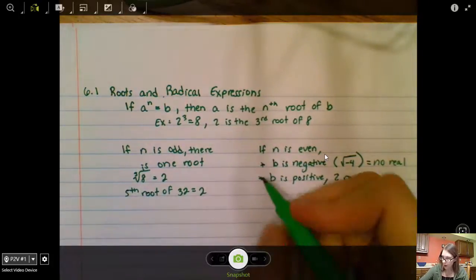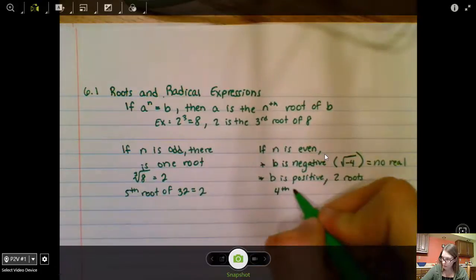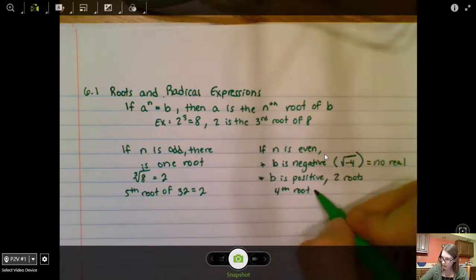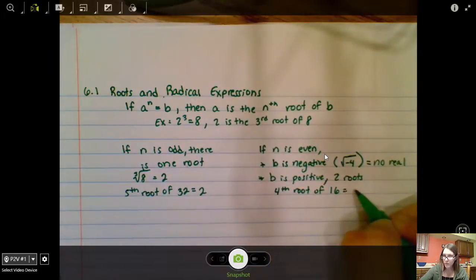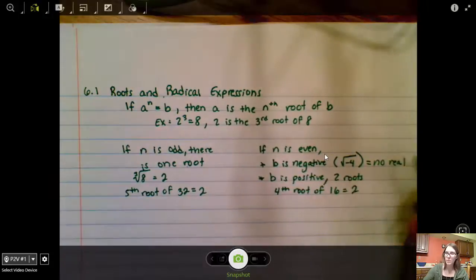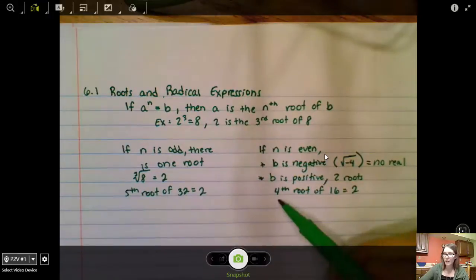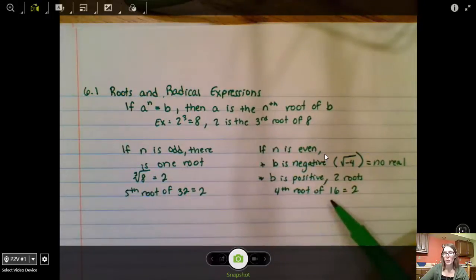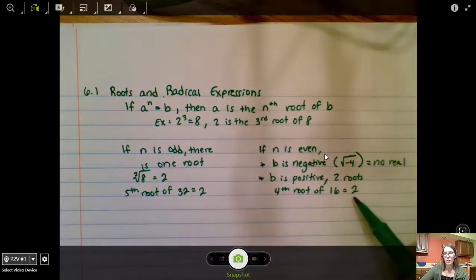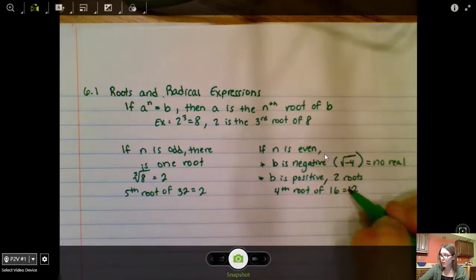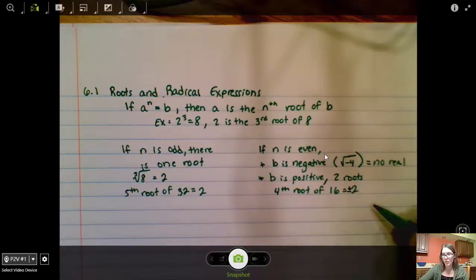So, for example, the 4th root of 16 is 2. We have an even root. We have a positive number. The 4th root is 2, but it could also be -2. So we have 2 roots.